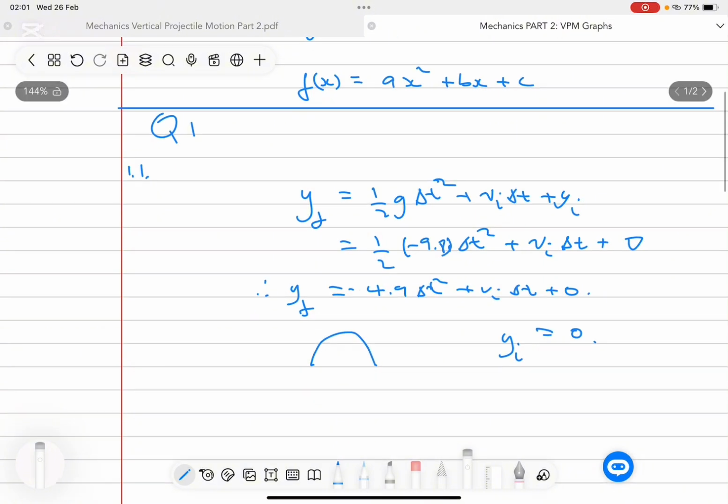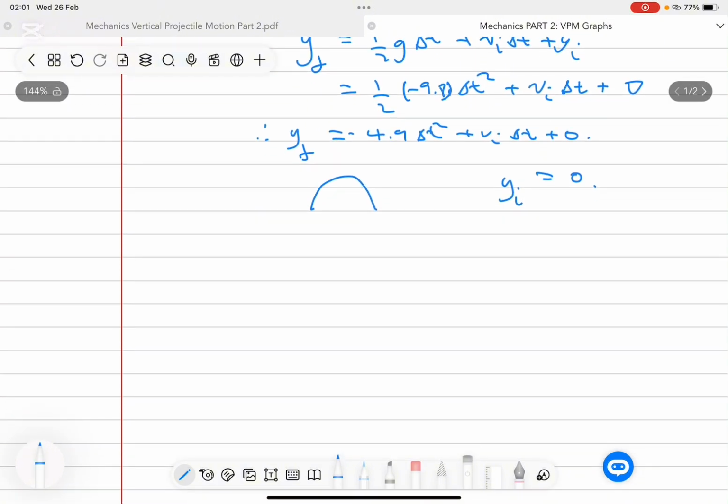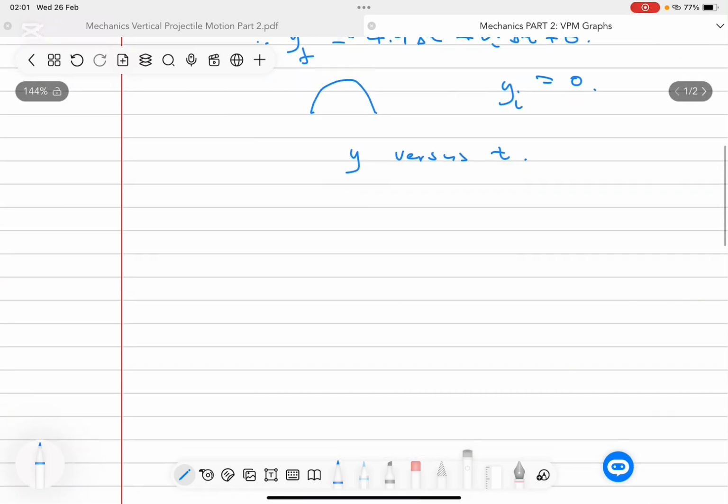Now if I put this information together, the first thing that we need to do is write the title of our graph: y versus t graph, position versus time graph. Our position is measured in the y versus time graph. Then I'm going to put this in a sketch. Let's draw a straight line there.